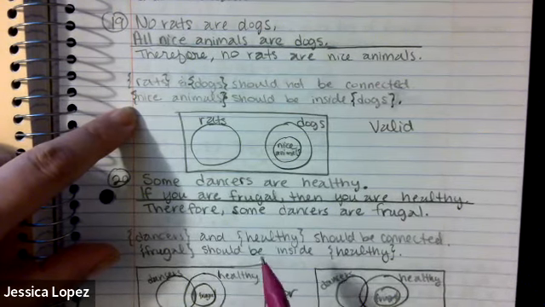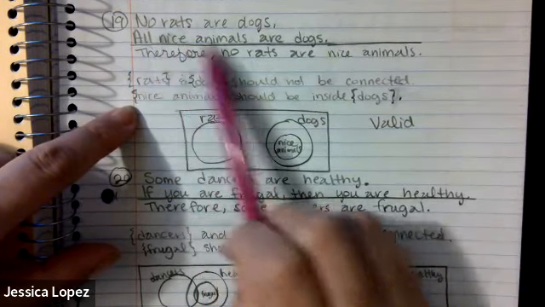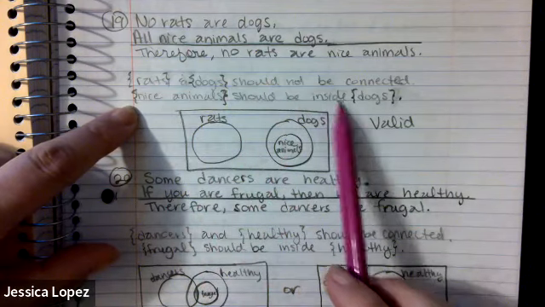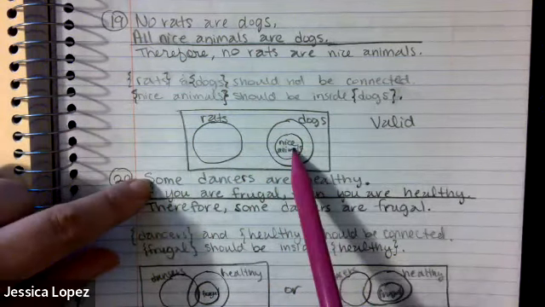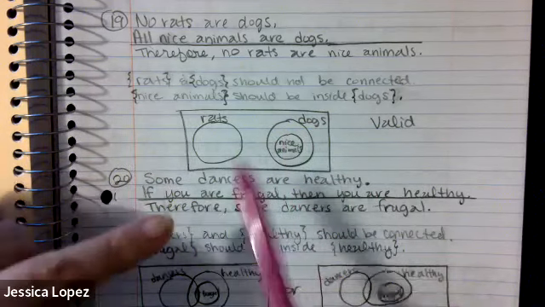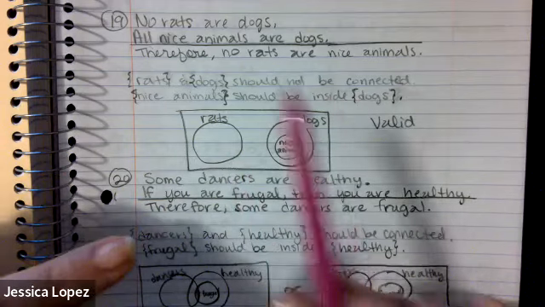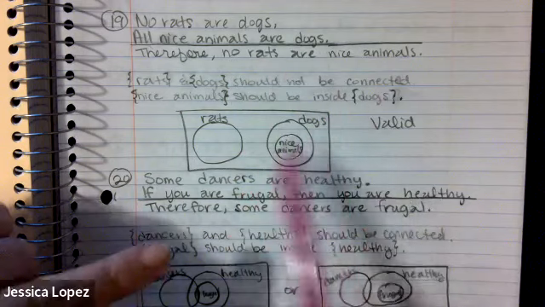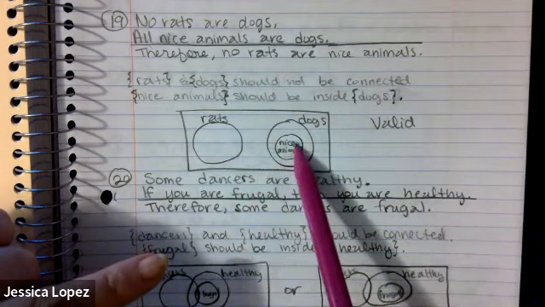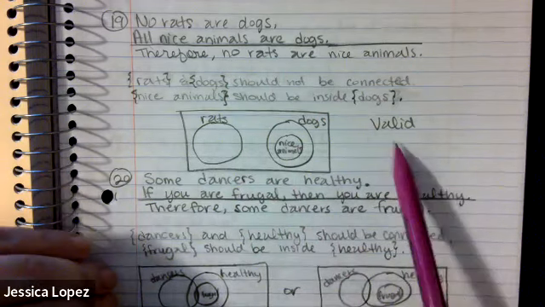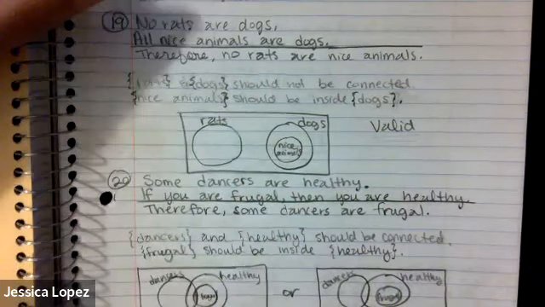Since it says all nice animals are dogs, that means all the nice animals should be inside the dogs. So there's my nice animals inside the dog section, and the dogs and the rats should not be connected. So the conclusion is that no rats are nice animals, and they're not connected at all. The nice animals is over here. None of them are overlapping with the rats, so it is a valid conclusion.